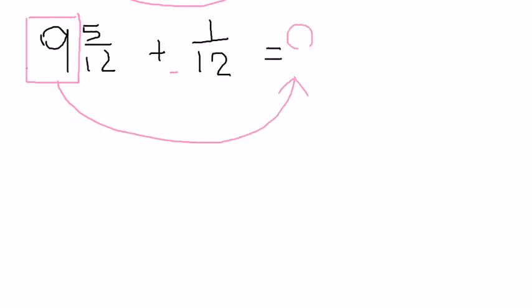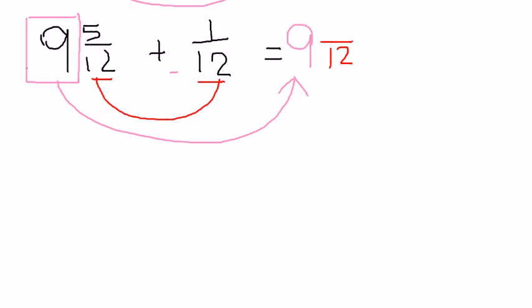So I'm going to shift my 9 over here. Then I'm going to look at the remaining, which is a fraction and a fraction. If it's a fraction plus a fraction, you look at the denominator and denominator. Okay, good. They are the same number. So that's a smiley face, and we can put the same number here as well.